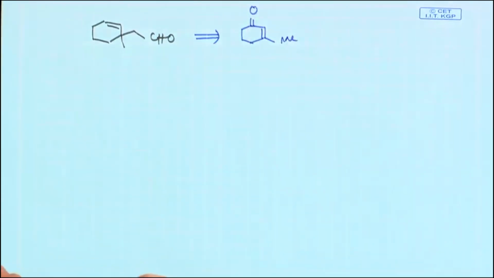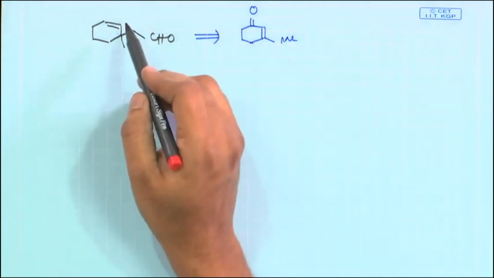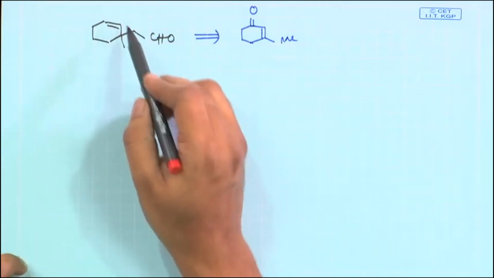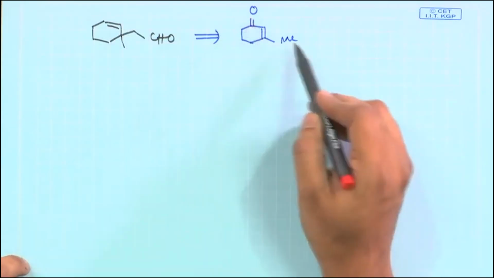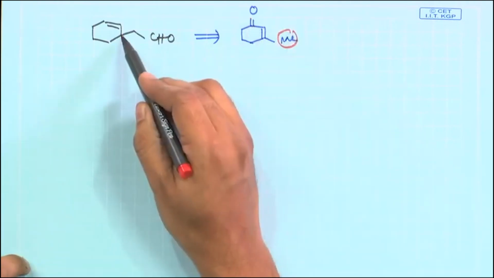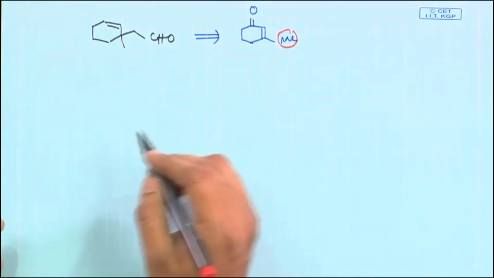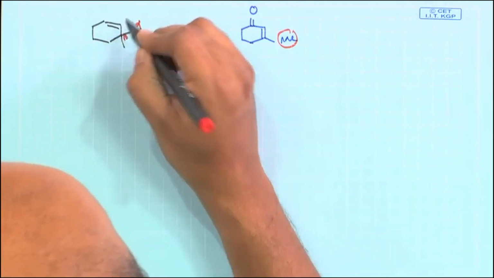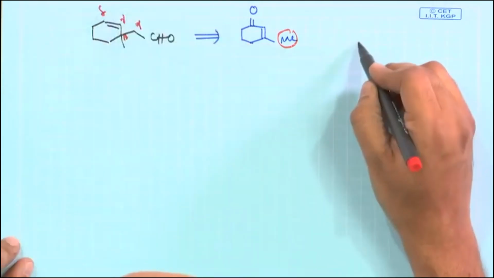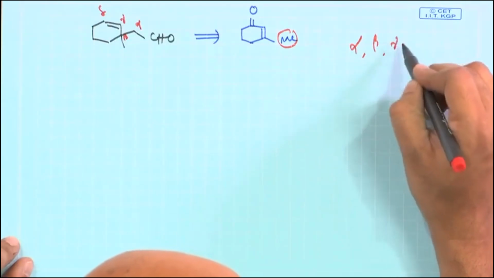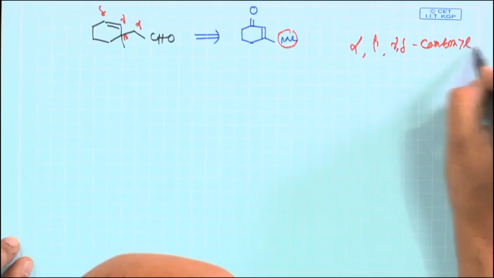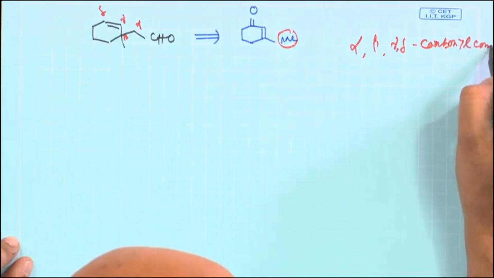Do a close analysis. What groups are available to you? You have an olefinic bond here, an alpha beta unsaturated carbonyl, and a methyl. Basically, this is an alpha, beta, gamma, delta unsaturated carbonyl compound. That was the functional group analysis.